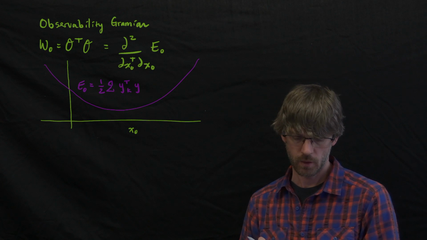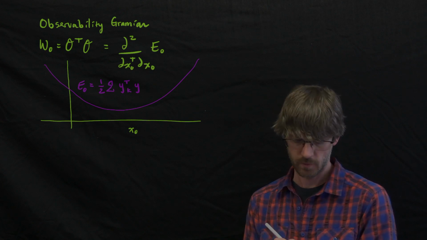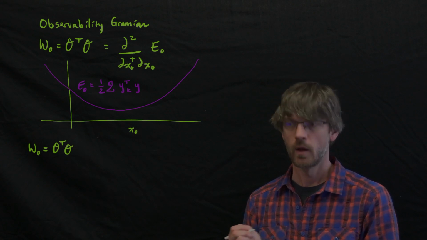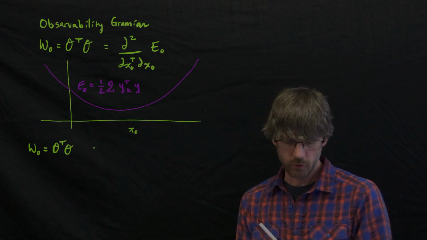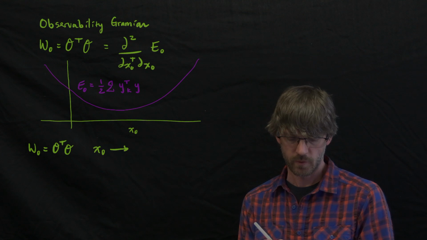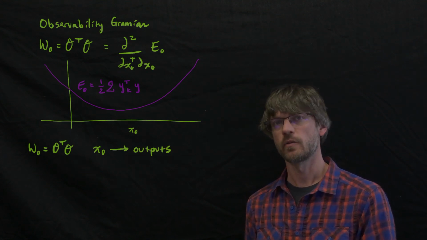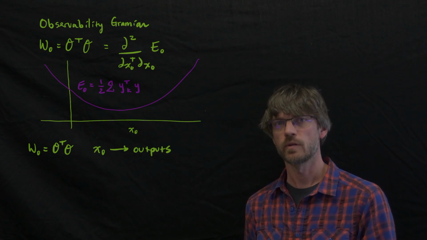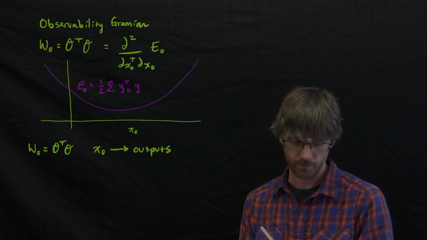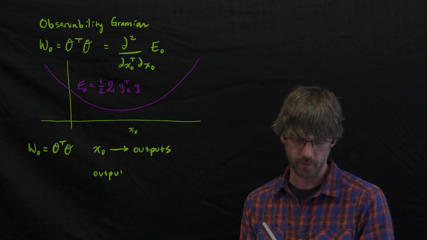So what the observability Gramian really tells us is how the initial condition influences the outputs. But really what we might be interested in understanding is how the outputs can tell us about the initial condition. So we want actually the reverse of that.